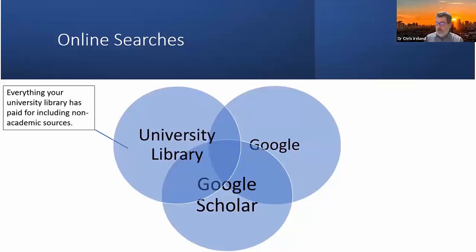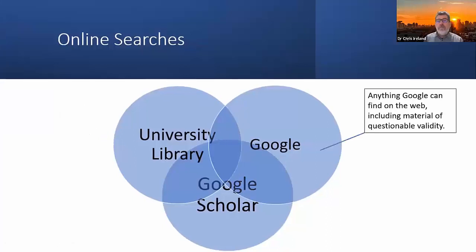Then there's Google. So Google is anything you're likely to find on the web, and that includes a lot of material that might not be valid for academic research. So one thing that you can do is use what they call operators to limit your research to make it more valid academically.